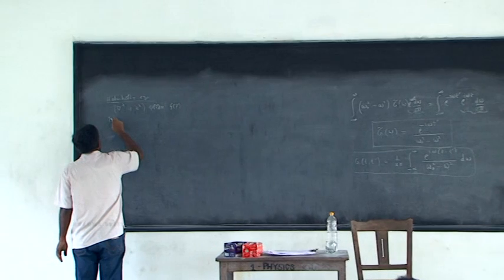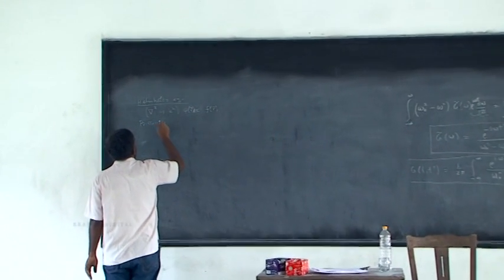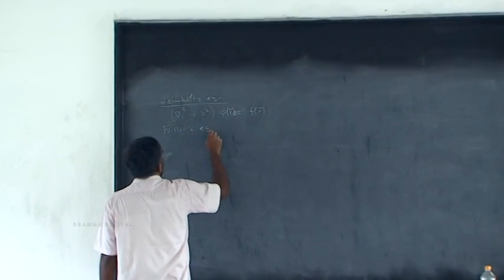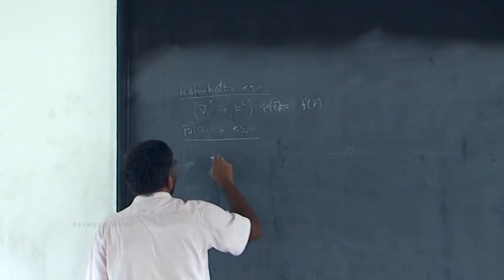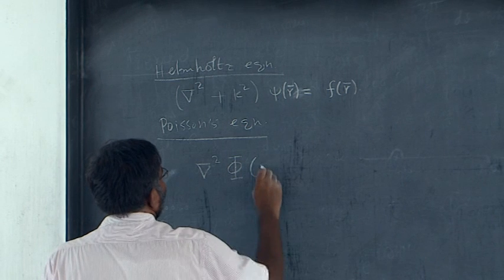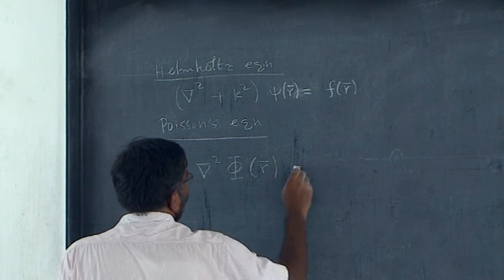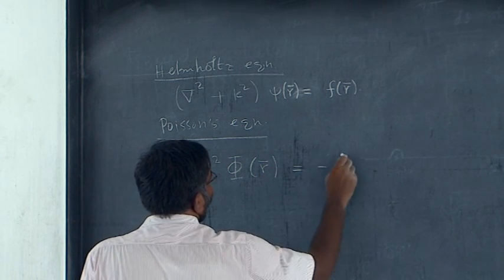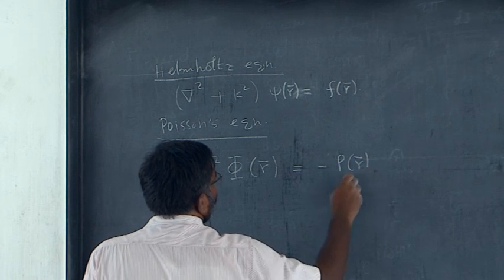Or Poisson's equation. What is Poisson's equation? Del square phi of r, the scalar potential, is equal to minus rho of r.